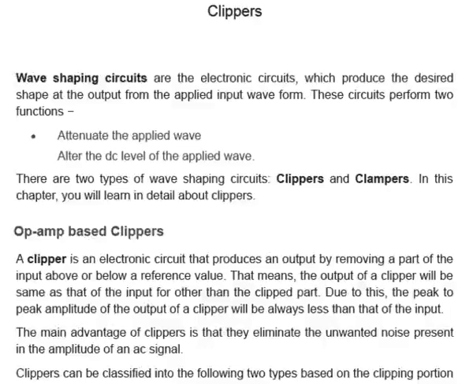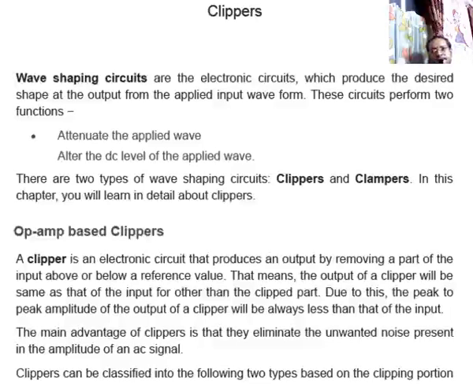So first one, that is clipper. Wave shaping circuits are electronic circuits which produce a desired shape at the output from the applied input waveform. This circuit performs two functions. One is to attenuate the applied waveform.